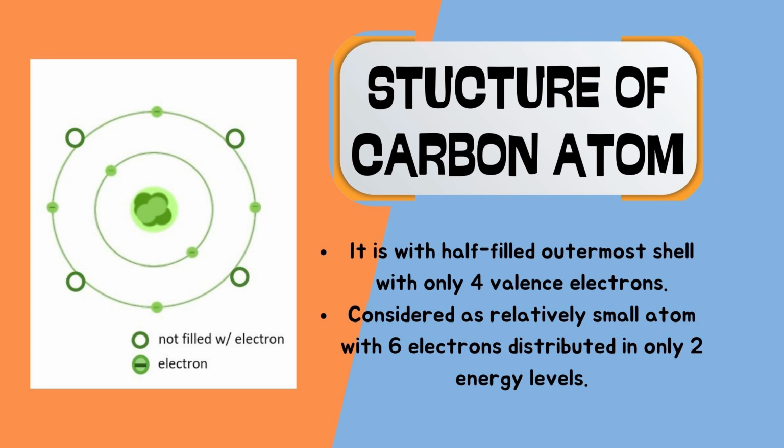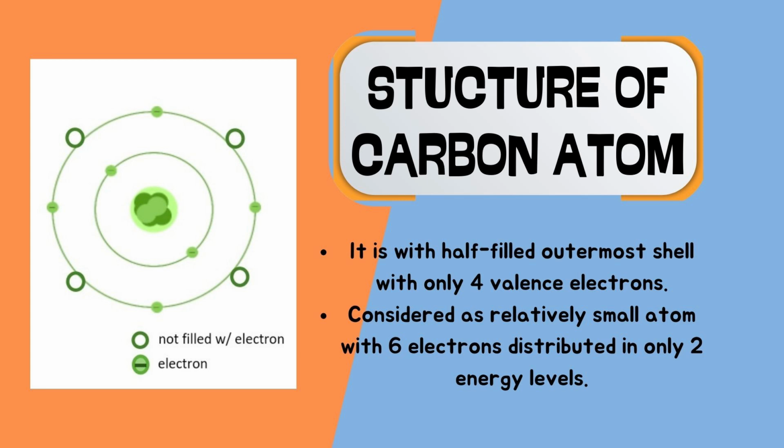It only means that there are 6 electrons orbiting around the nucleus in 2 energy levels of the carbon element. In the inner shell, as you can see, it has 2 electrons, and in the outer shell, it has 4 electrons. So all in all, it has 6 electrons orbiting the energy levels of the carbon atom.